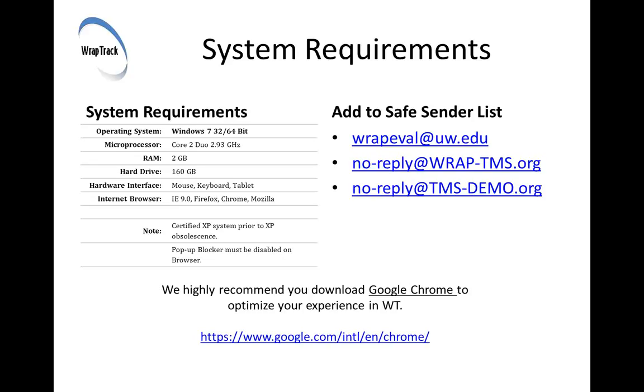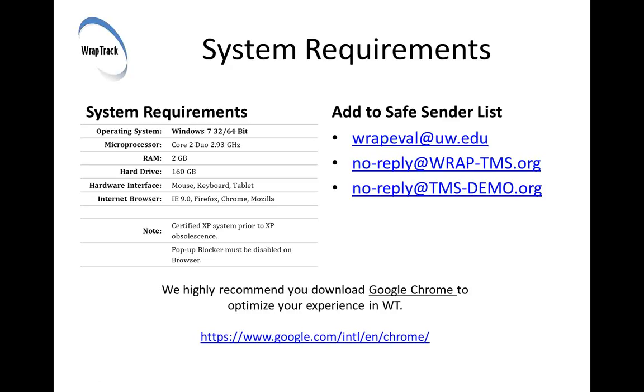However, even more important would be having an updated internet browser. There are a few options that would be completely fine. However, we've noticed that if you use Google Chrome, that's the best way to visually experience WrapTrack. The link to Google Chrome, if you don't already have it downloaded, is right there. I recommend using that because it opens the system up in the way the programmers intended and the way they wanted it to look.